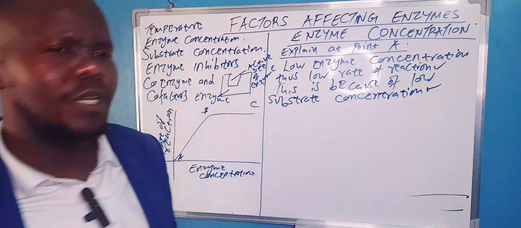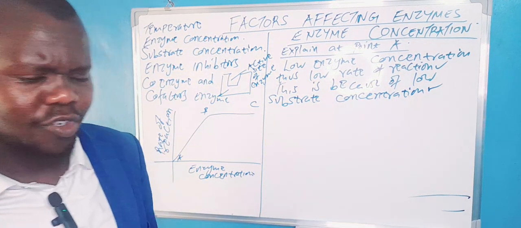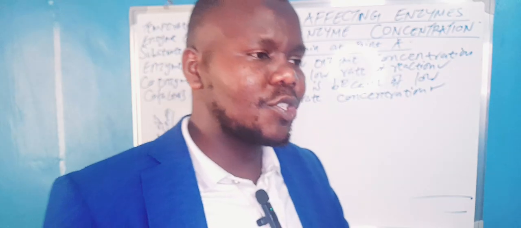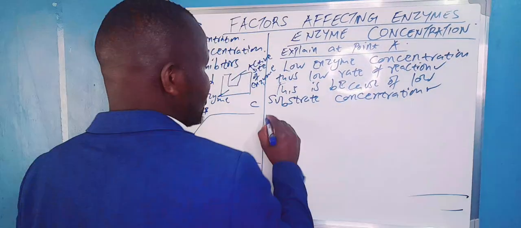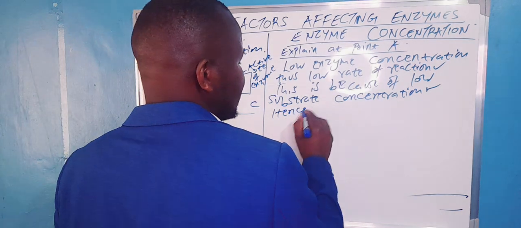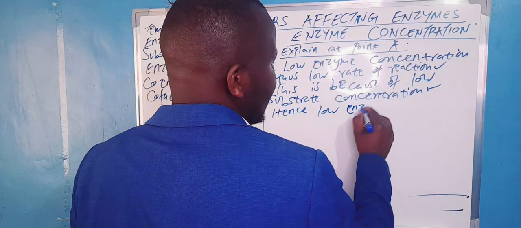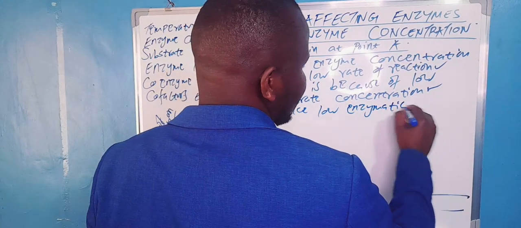If the enzyme concentration is low, the rate of reaction is low, and the main reason is that even at this point we have low substrate to be acted on by those enzymes, and low enzymatic action.